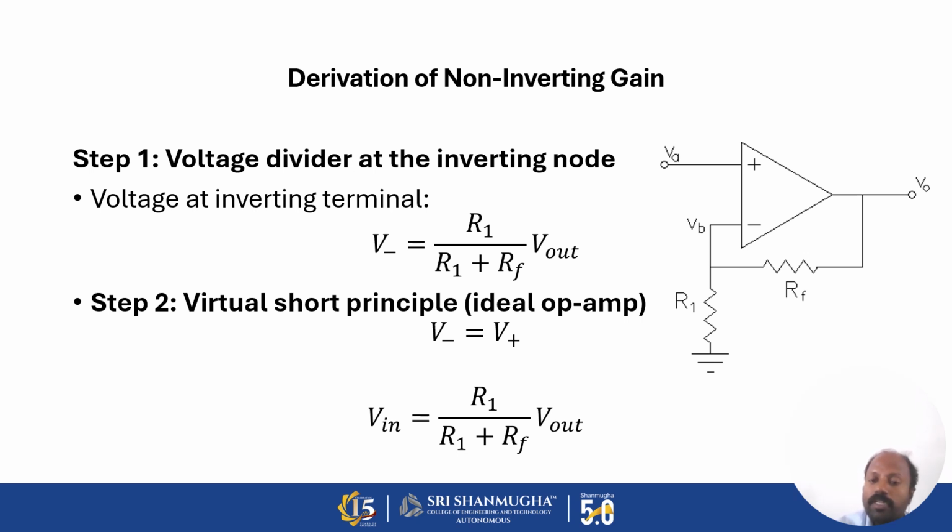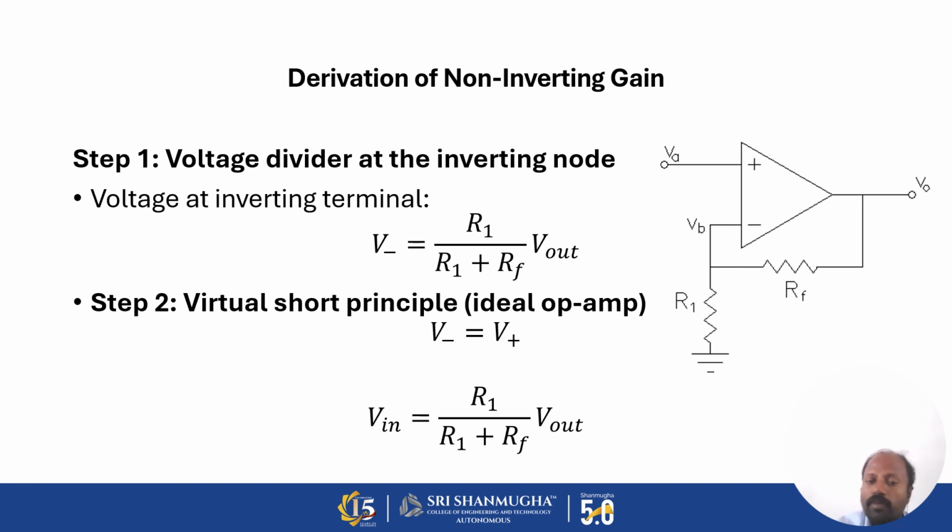What is the supply voltage here? For the negative terminal, V0, the output voltage, acts as the supply voltage. So it is R1, the ground resistance, by the sum of the resistances R1 plus RF, into V0, that is V out.